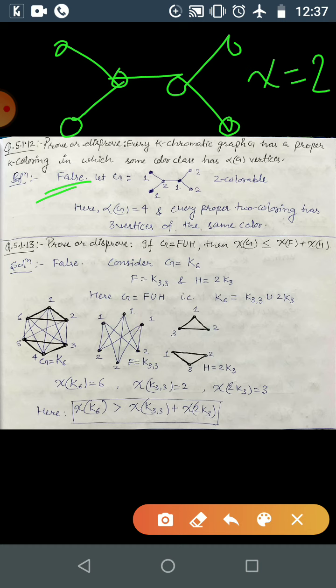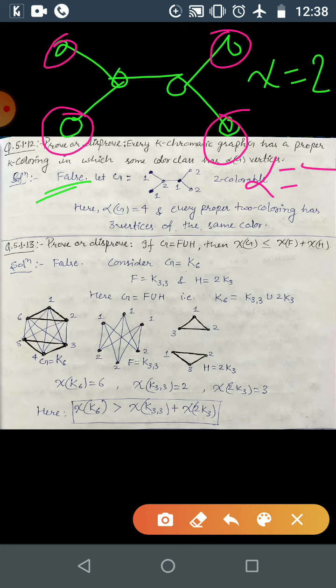Alpha(G) is the maximum independent set of vertices, the independence number, and for this graph alpha is 4.